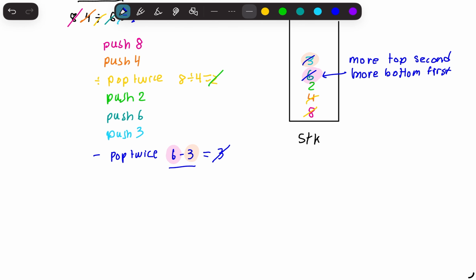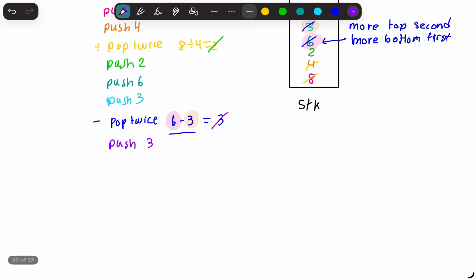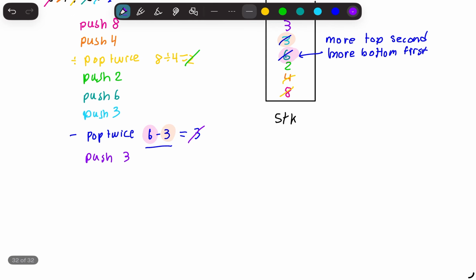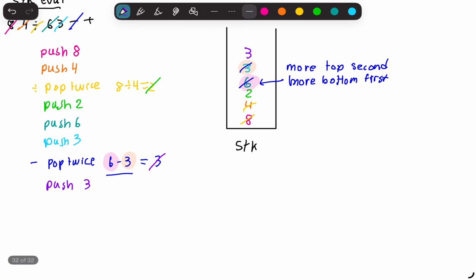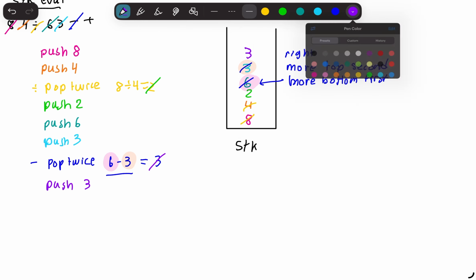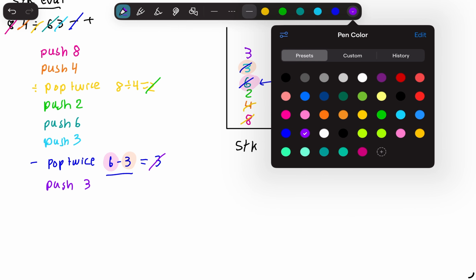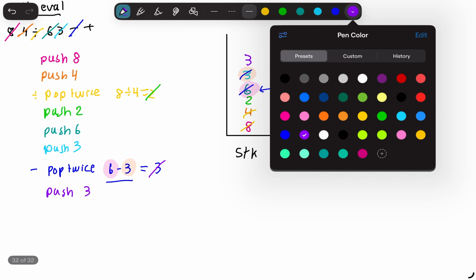You're going to take that 3 and push it onto the stack again. Push 3. So you push your 3. You're onto your plus.